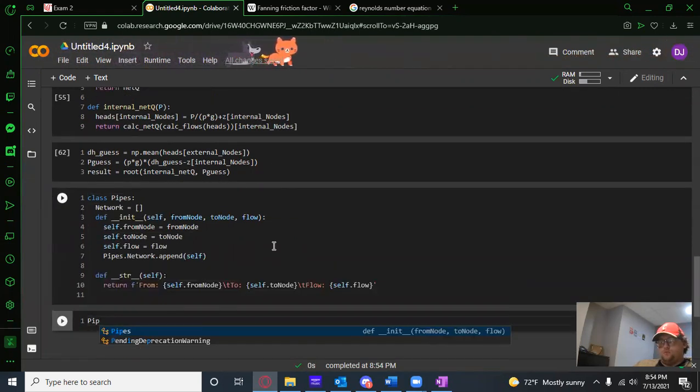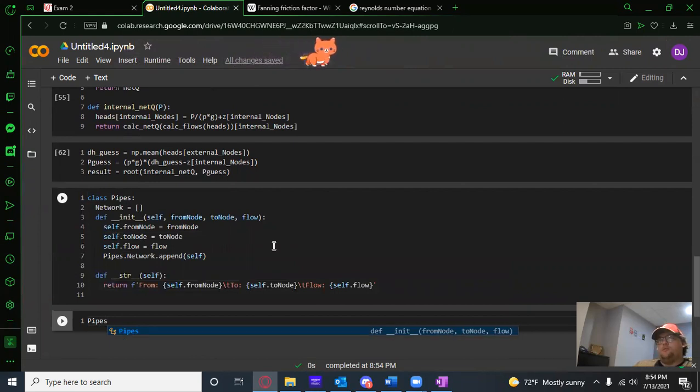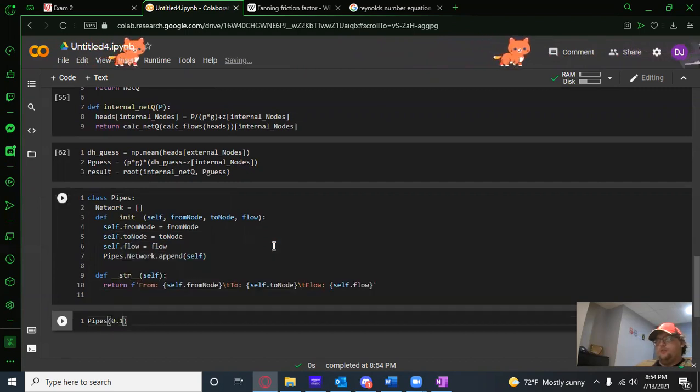So for pipes, let's say the from node was 0 to 1.